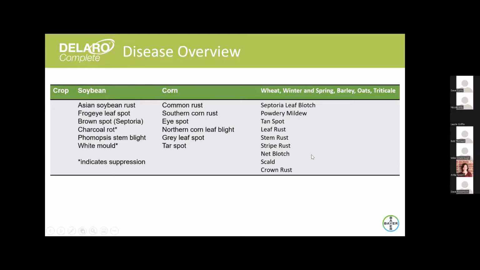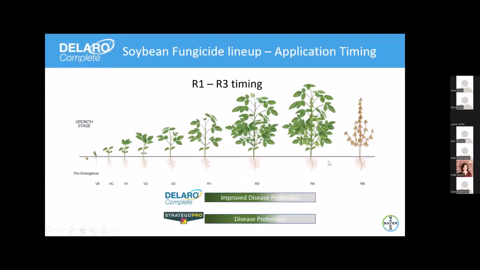And then in the cereal crop in winter wheat, it can be used for that T1 or T2 timing. Either Belero Complete or Stratego Pro, very, very effective on those early season cereal diseases. If we look at timing of soybeans, just a reminder, Belero Complete and Stratego Pro have the same timing on the labels.